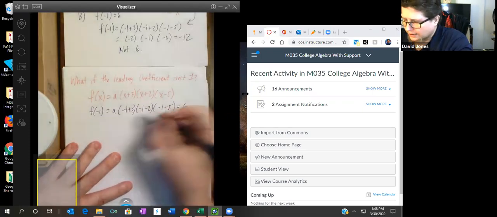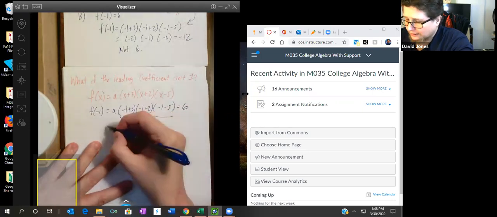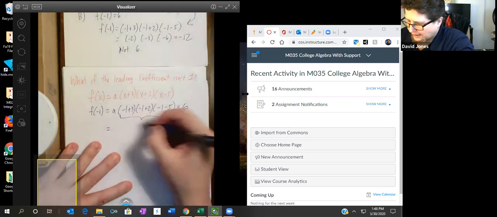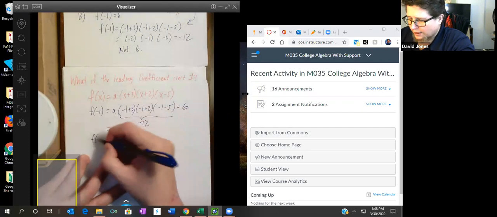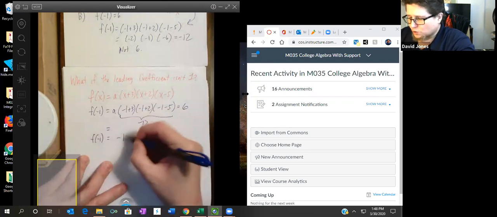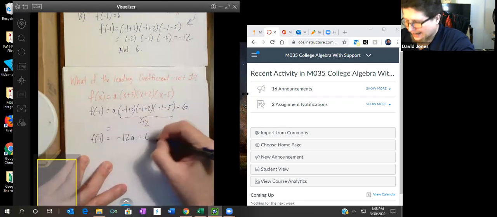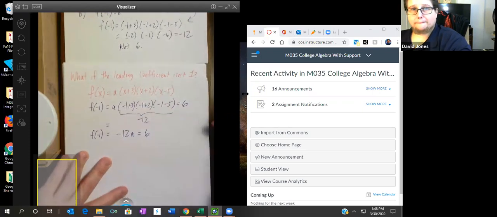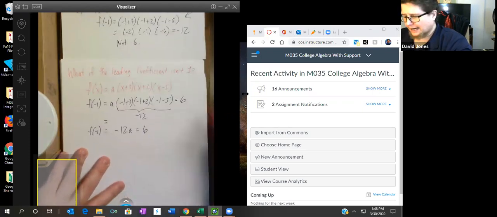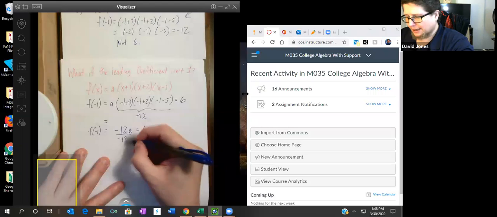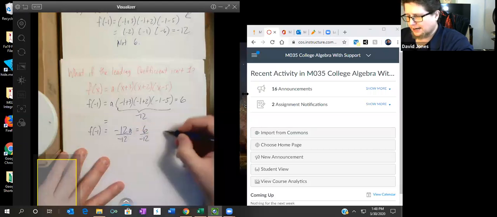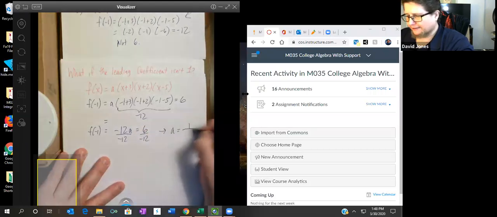We just worked this all out. This was -12. So I've got f of -1 equals -12a, and that has to equal 6. I can solve for a here by dividing by -12, and I get a equals -1/2.